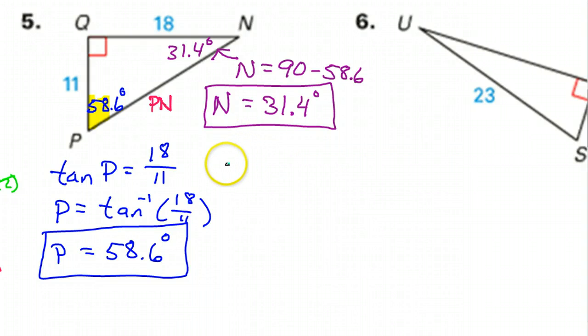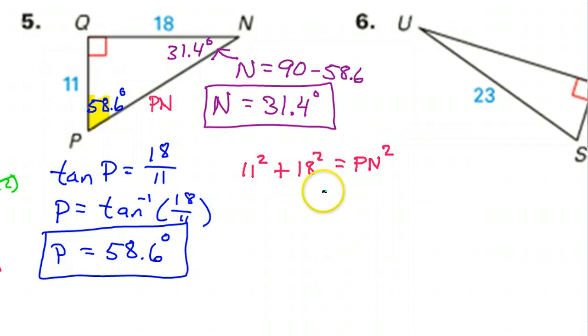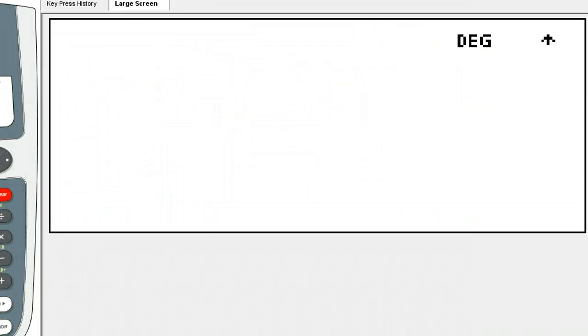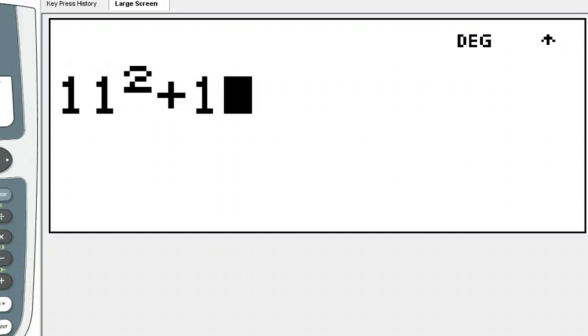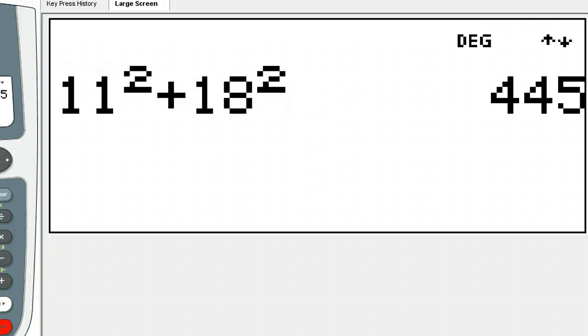So this is going to be 11 squared plus 18 squared is equal to PN squared. Now I think it would be fun to just put this whole thing in the calculator. 11 squared plus 18 squared. So that's 445.